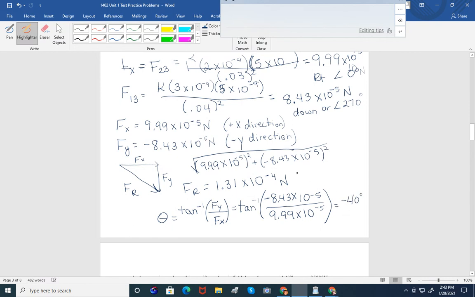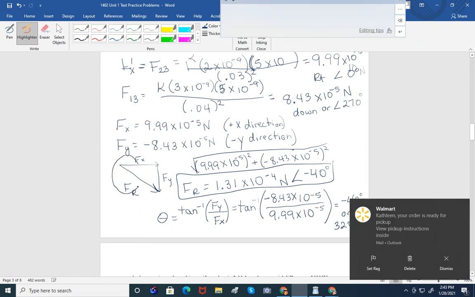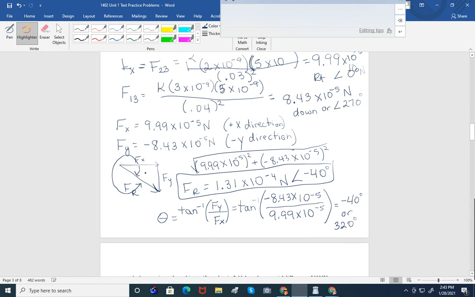That's a great answer. I can write it as negative 40 degrees. That means 40 degrees below the positive x-axis. If you don't like writing negative 40 degrees, you could also say it's at positive 320 degrees. That would be the same thing. You'd go all the way around the circle. So here's the positive x-axis. If you're going this way, you have to go all the way around that circle, 320 degrees. Or you can go this way, negative 40 degrees.